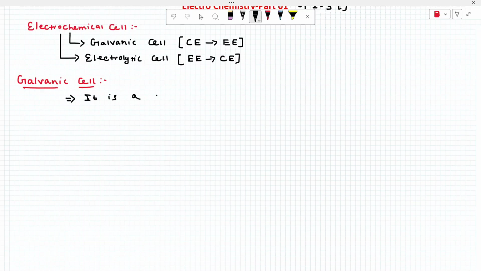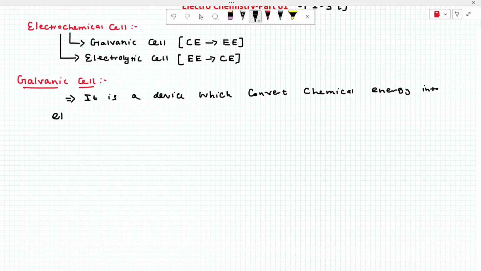It is a device which converts chemical energy into electrical energy by way of a spontaneous reaction, very, very important.